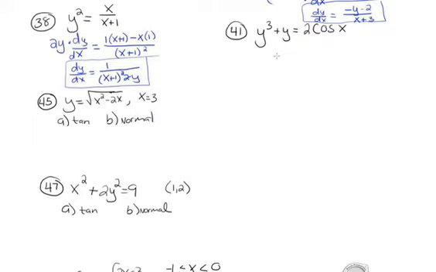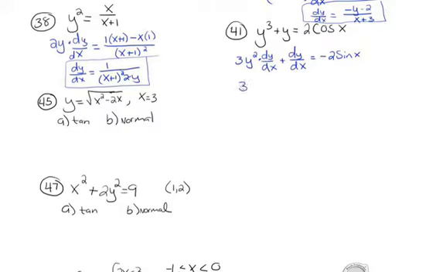Okay, 41 is asking me for, in fact, the second derivative. So the first thing I need is the first derivative. So that's going to give me 3y squared times dy/dx plus the derivative of y, which is dy/dx, equals the derivative of 2 cosine of x, which becomes negative 2 sine of x.